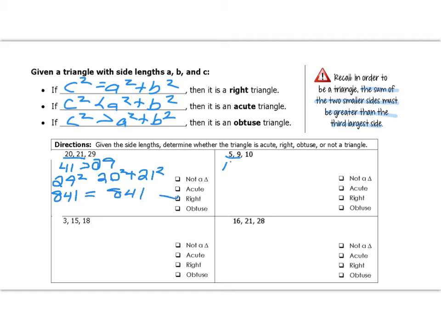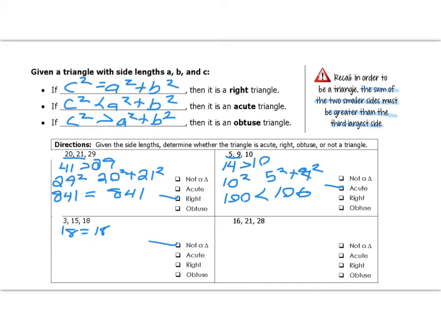Okay, add these two together. 14 is definitely bigger than 10. So the biggest side squared and then the sum of the smaller sides squared. Oops. So I've got 100, and over here I've got 106, which means that is smaller, which means it's acute. Here, 18 is equal to 18, so therefore it's not a triangle.